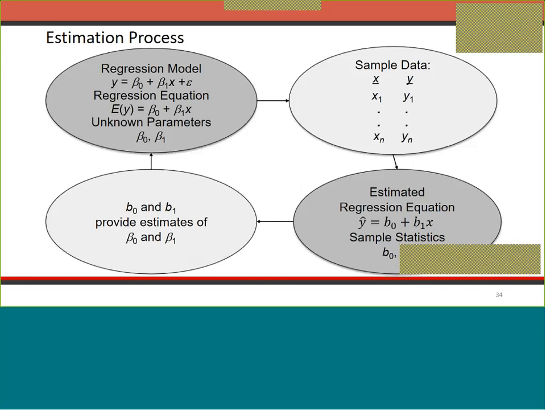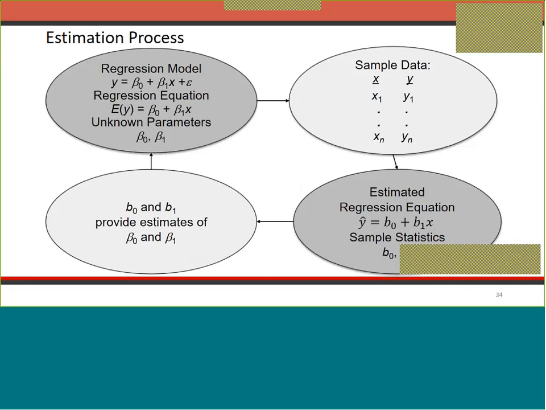We want to find a linear relationship between x and y, maybe assuming that there is a linear relationship. So the population model will be written as y equal to beta naught plus beta 1 x plus epsilon. Why epsilon? Because there is an error always.